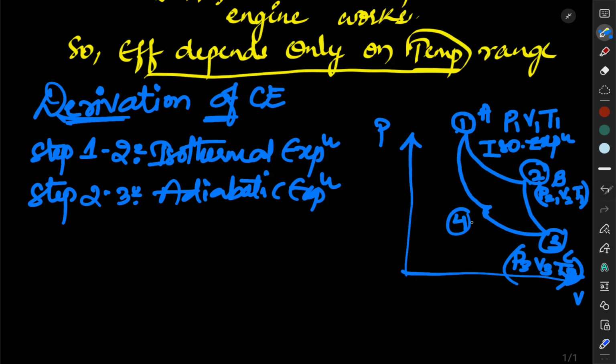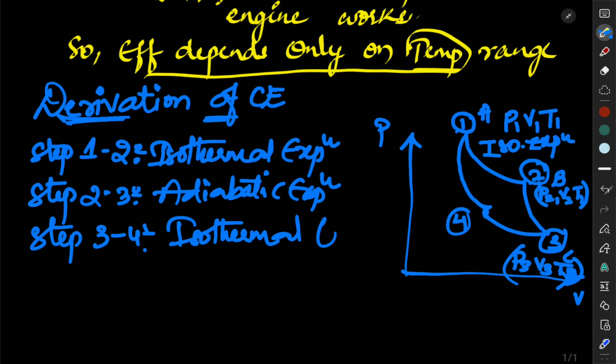From 3 to 4, isothermal compression is going on. At the fourth step, or D, the pressure is P4, volume V4 and temperature T2.